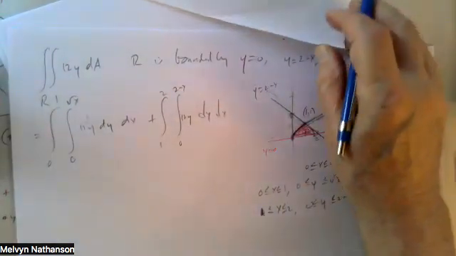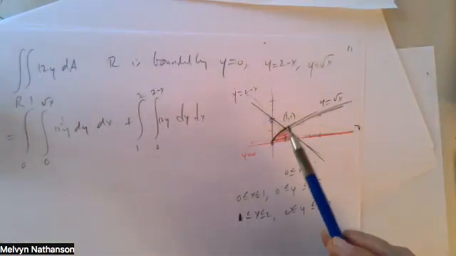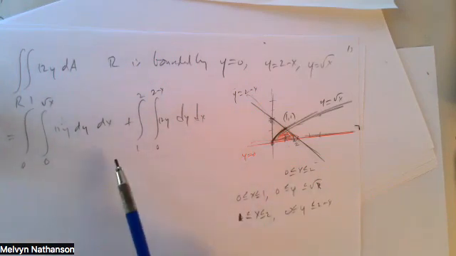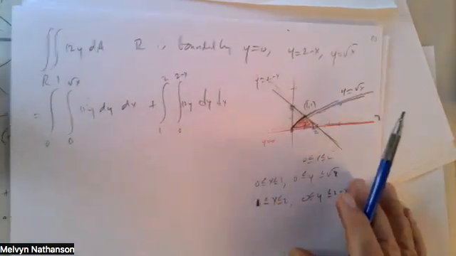So using this description, you would write your integral as a sum of two different integrals. So you have to do two different calculations, which is okay. I'll do that maybe in a moment.